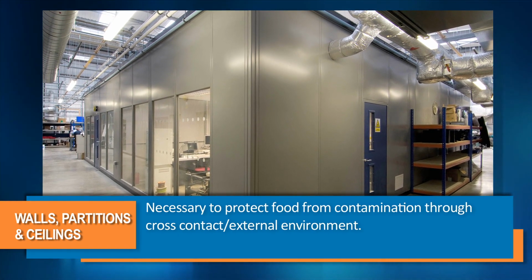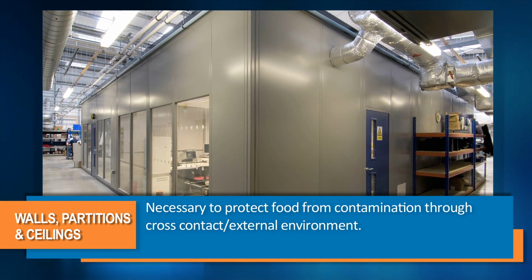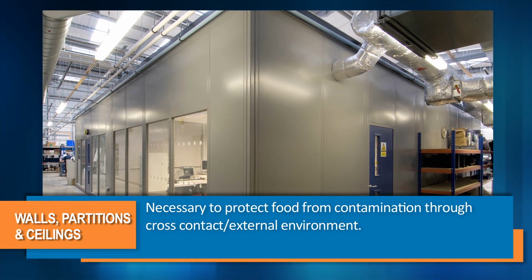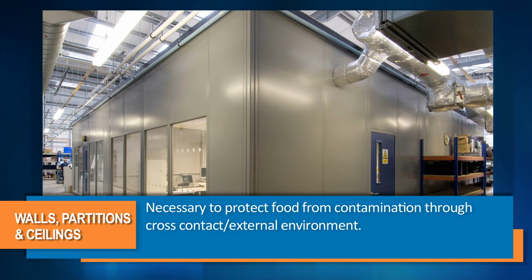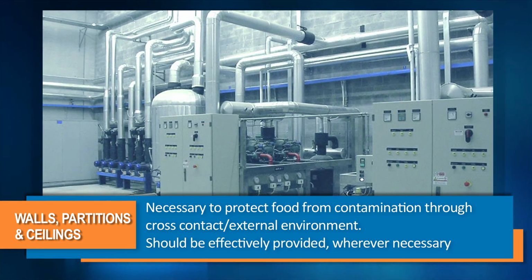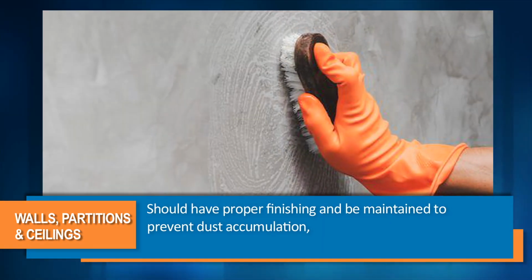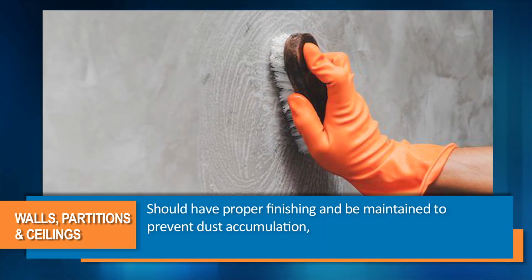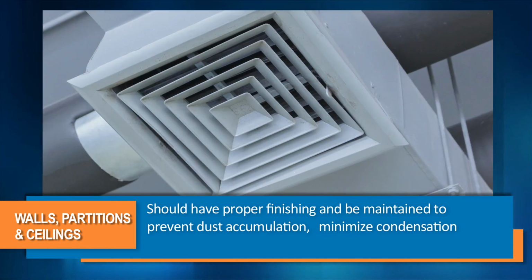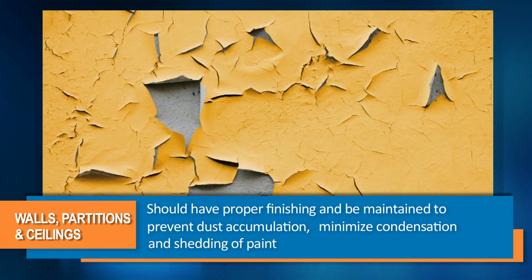Walls, partitions and ceilings are necessary to protect food from contamination through cross-contact or external environment, thus should be effectively provided wherever necessary. They should have proper finishing and be maintained to prevent the accumulation of dust, minimize condensation and shedding of paint.